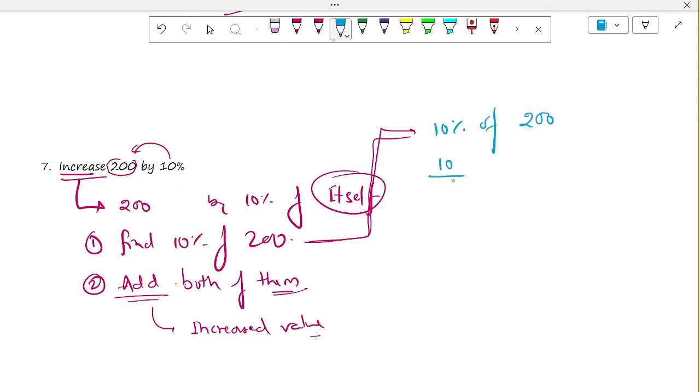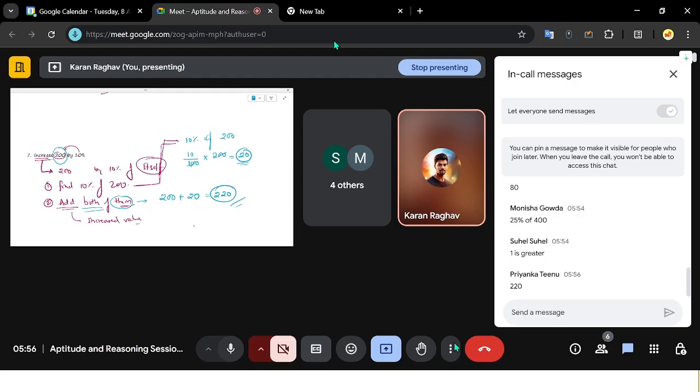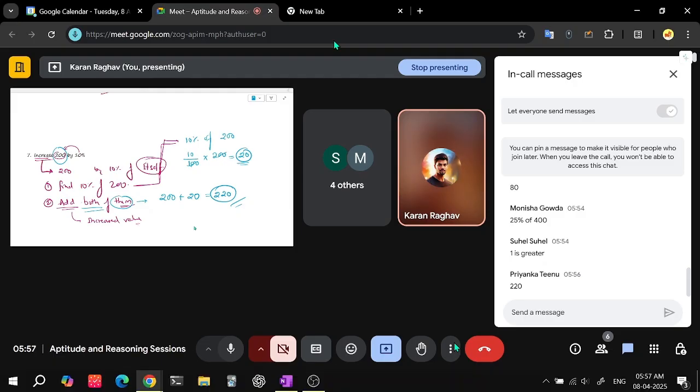So this will be equal to 10 divided by 100 into 200. So this will be nothing but 20. Fine. And then you are going to add both of them, means you are going to add the actual value plus 20. This is equal to 220. This is the answer.